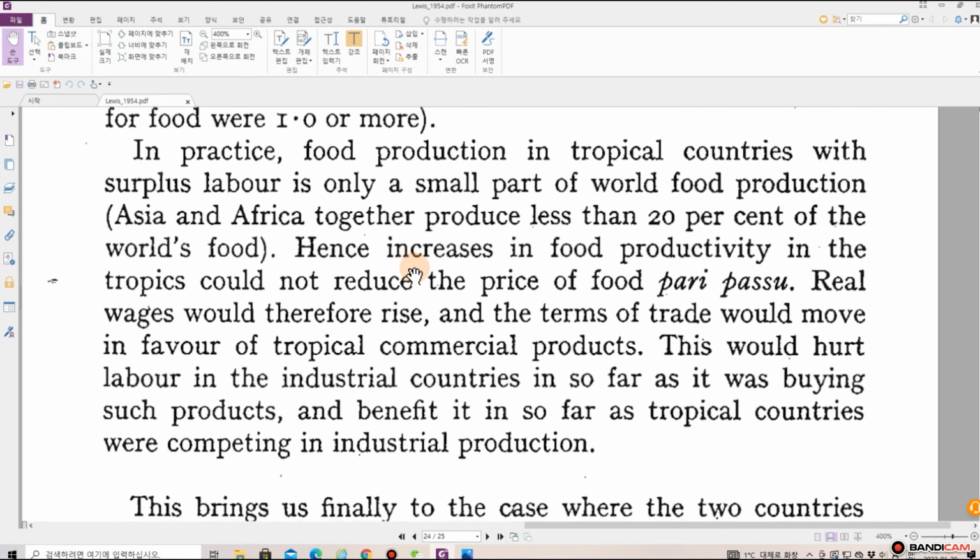In practice, food production in tropical countries with surplus labor is only a small part of world food production. Asia and Africa together produce less than 20% of the world's food. Hence, increase in food productivity in the tropics would not reduce the price of food, pari passu.